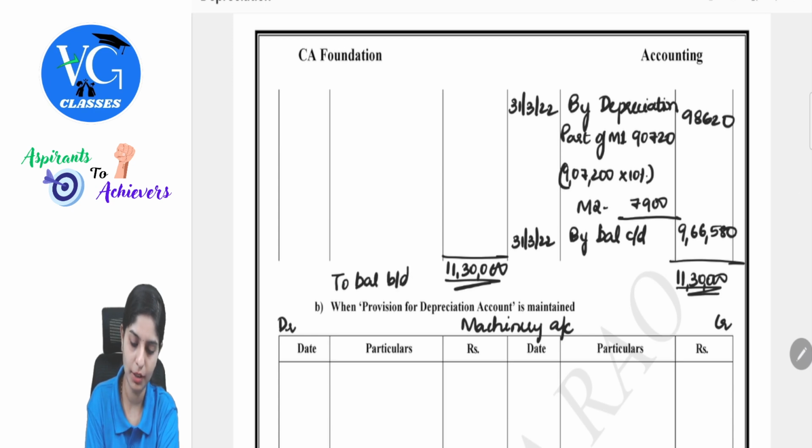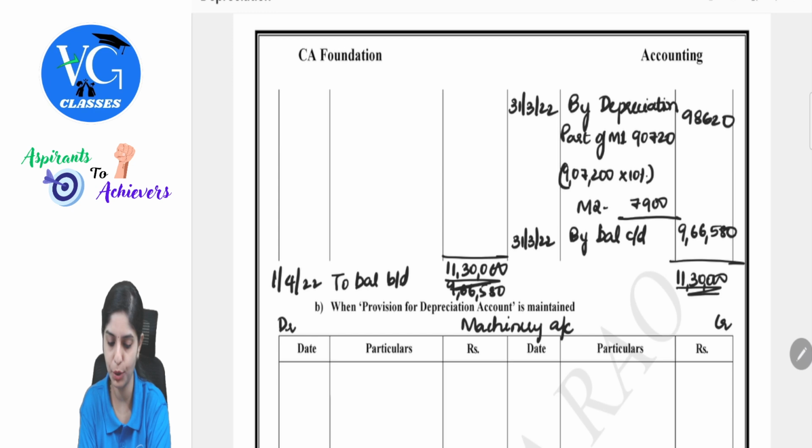To balance brought down 9,66,580. This is on 1st April 22.